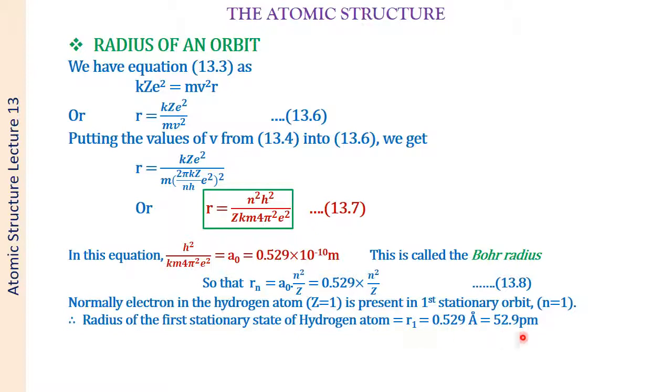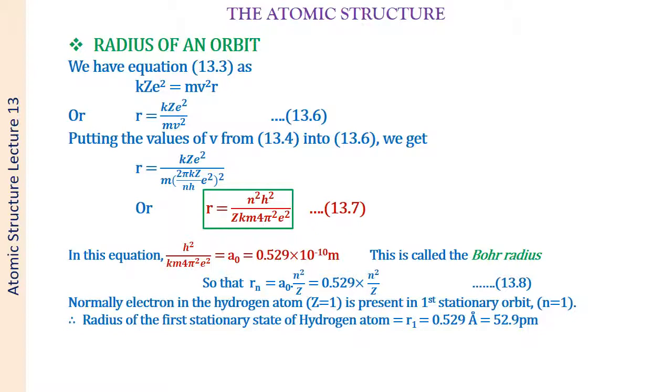So this 0.529 Angstrom is the Bohr's radius. If in a question you are given the Bohr's radius, it means that the electron is present in the first orbit of hydrogen and the value of that radius is 0.529 Angstrom.